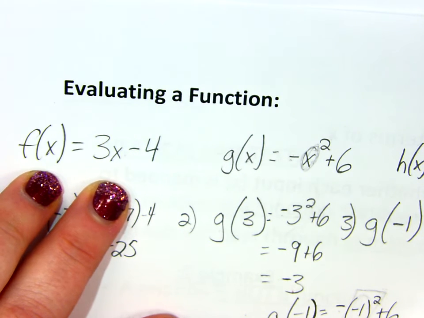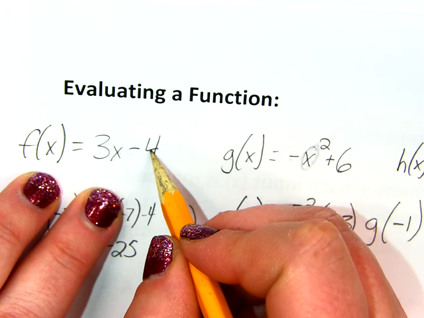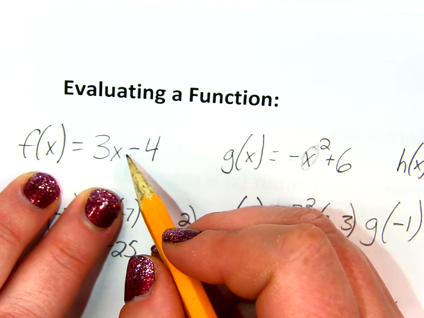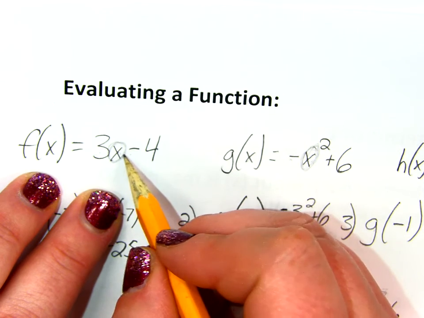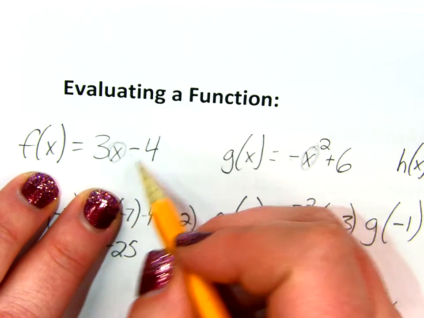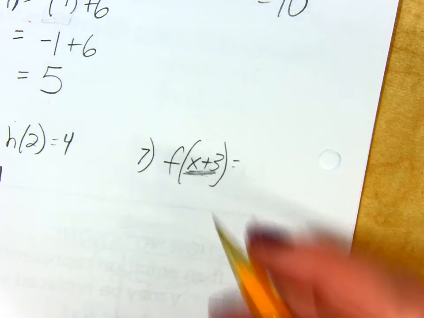You do want to take into consideration what operation is happening. Here, this is 3 times x, and then I'm going to subtract 4. So I still want to do 3 times whatever is in those parentheses, so I am going to have to put parentheses around the x plus 3 and then minus the 4. When I plug that in, it should look like this.